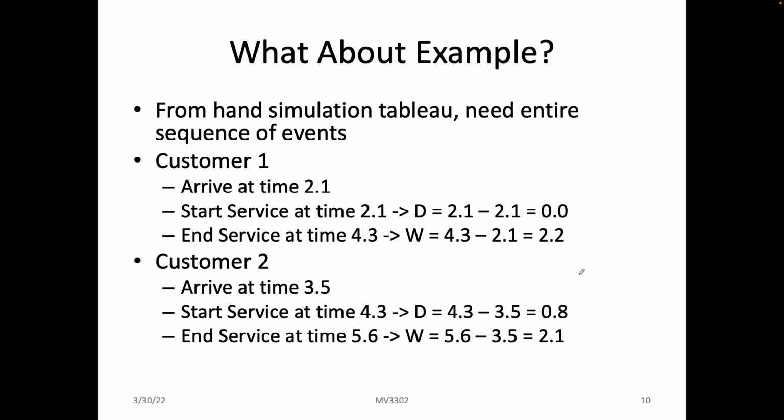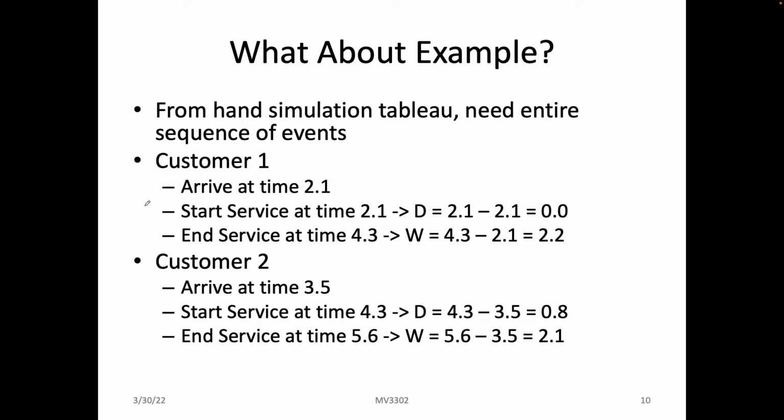So what about the example for the average delay in the queue and the average time in the system? Okay, so here's the dilemma. Unlike the time-varying averages, we need the entire sequence of events for this model in order to do that.